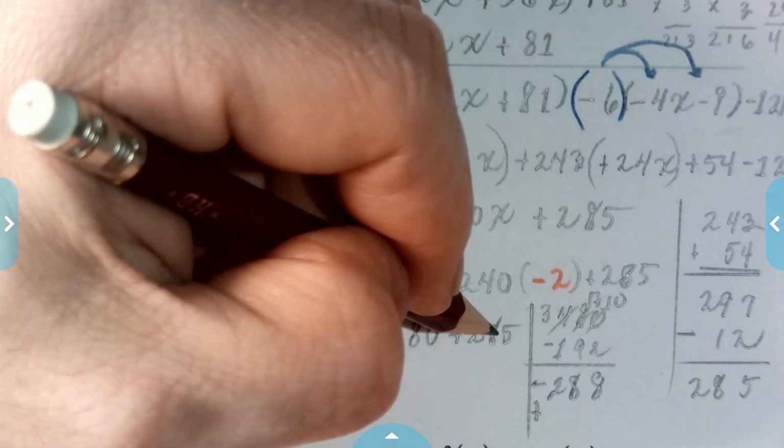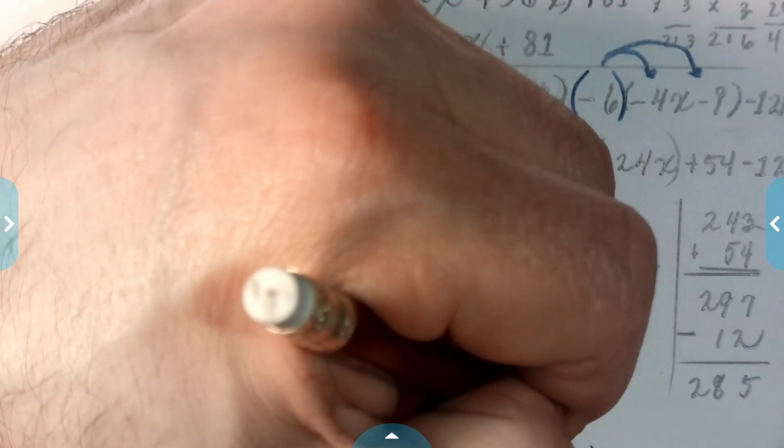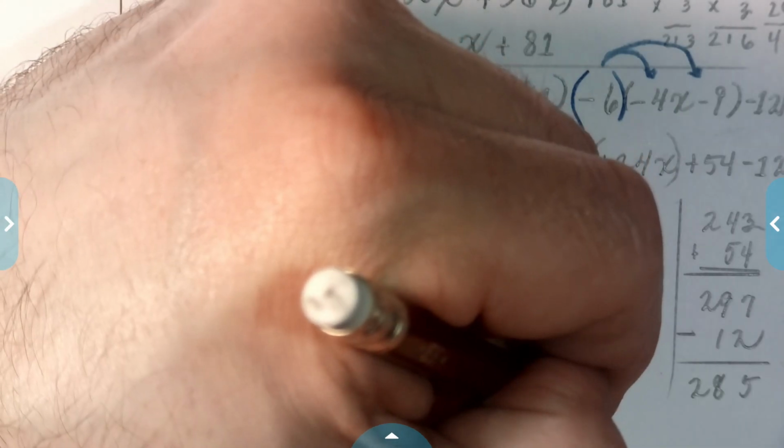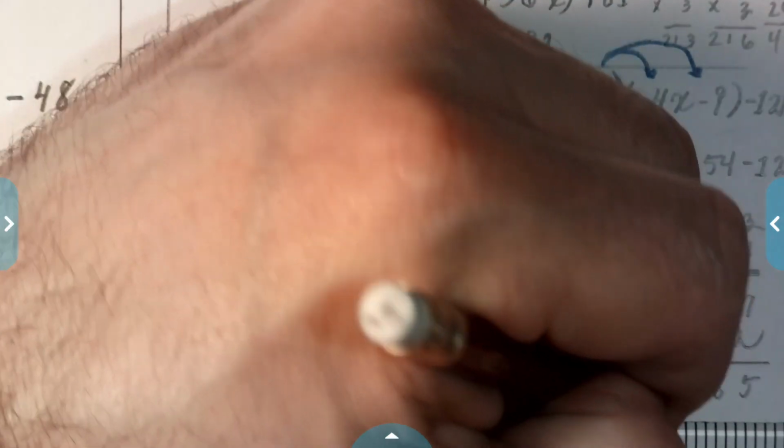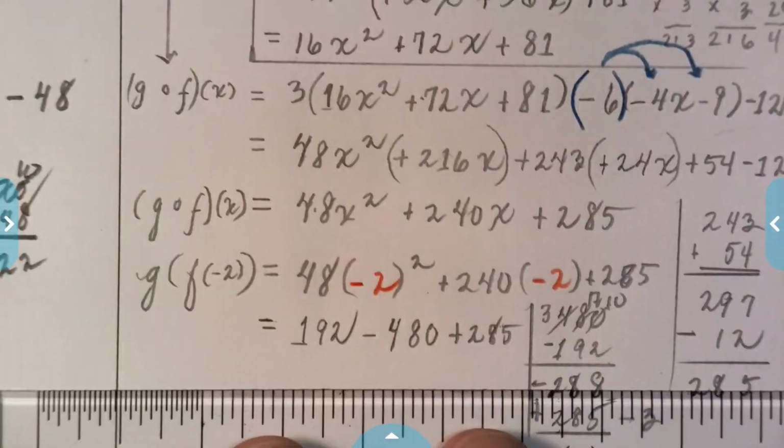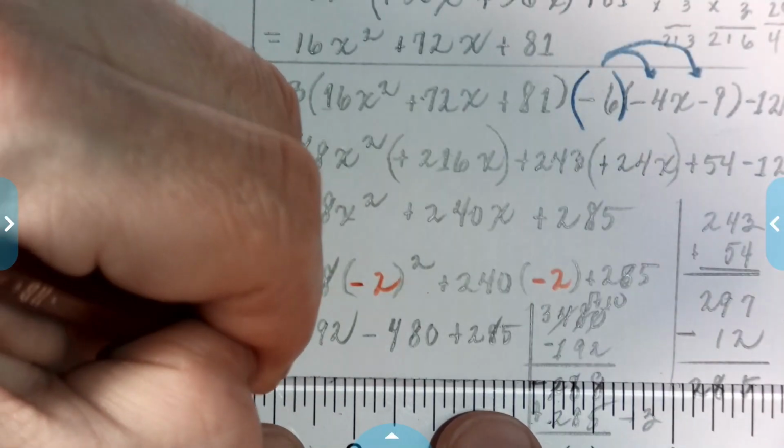And so now adding 285, what you're really doing is it's like you're subtracting 285 from 288, and what you end up with is negative 3. So this ends up being negative 3.